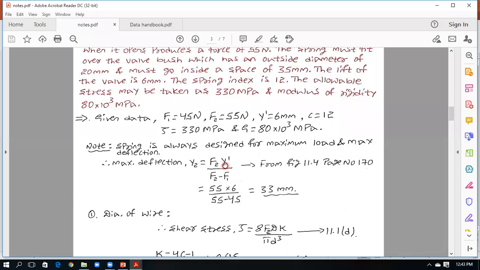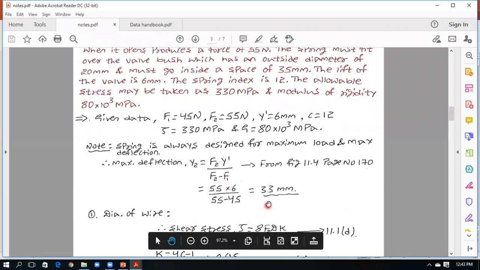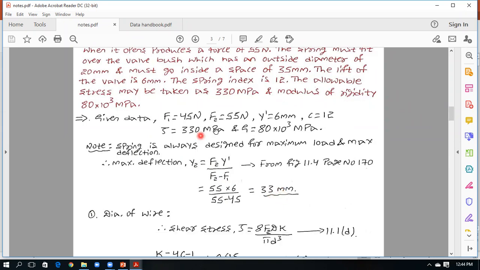Y dash is nothing but the lift of the valve. It is given as 6 mm. Substitute the 6 mm. F2 is the maximum load, it is 55, and the minimum is 45. Substitute the values and you are going to get the maximum deflection, which is observed as 33 mm.